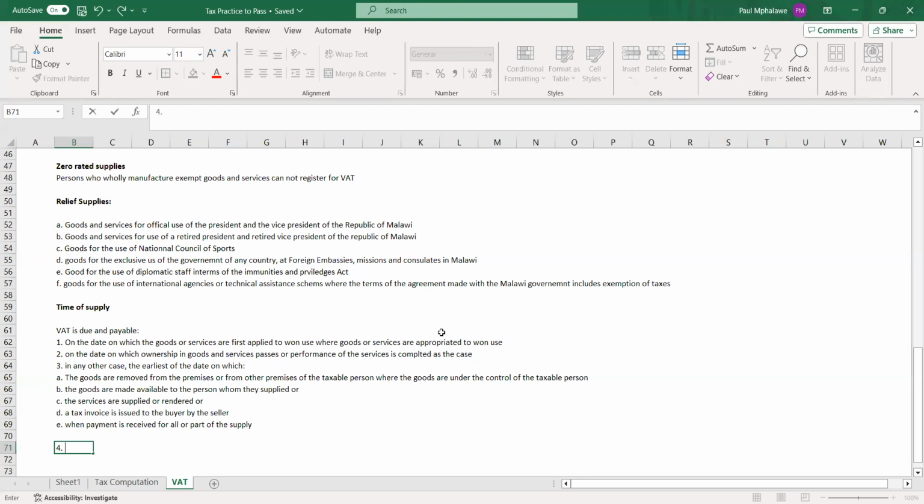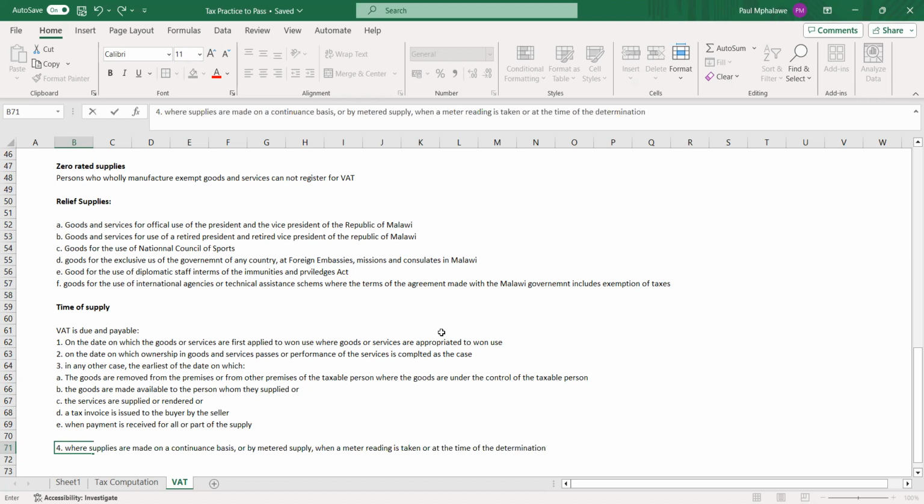Where supplies are made on a continuous basis, or by metered supply, when a meter reading is taken, or at the time of the determination of the supply.